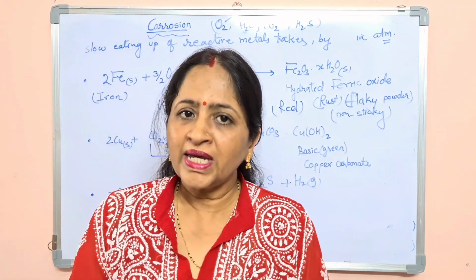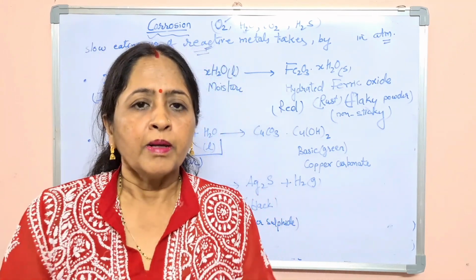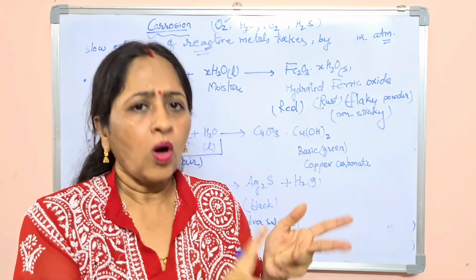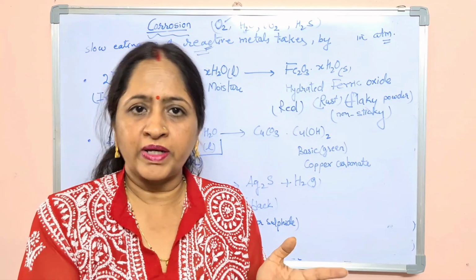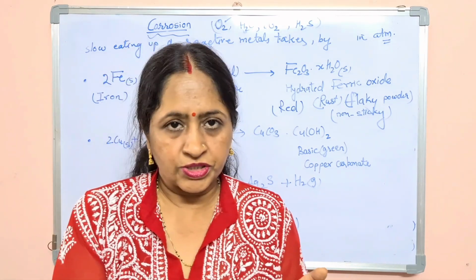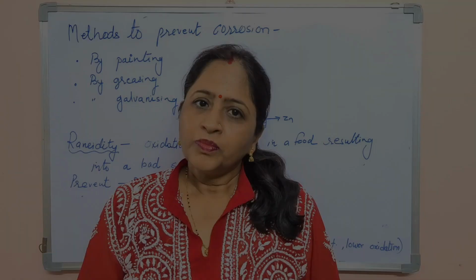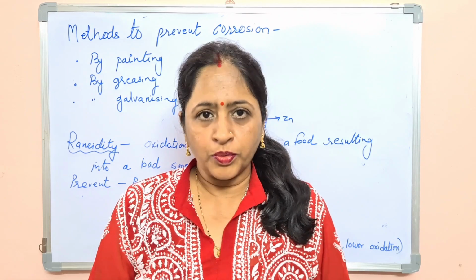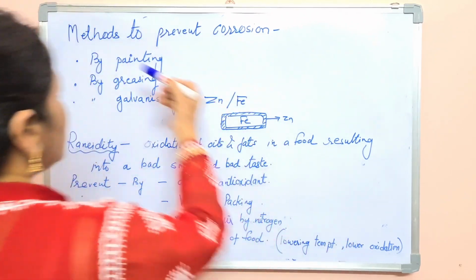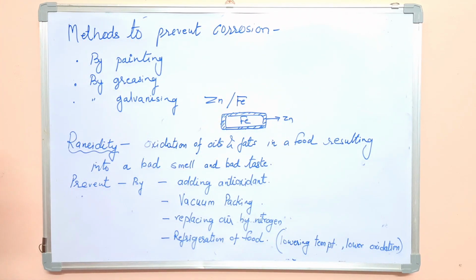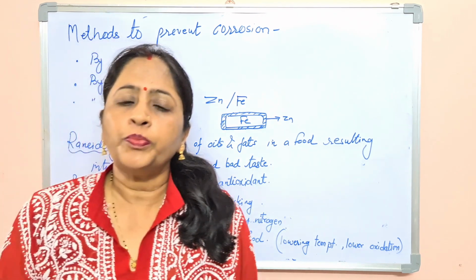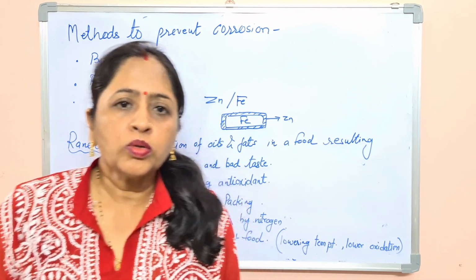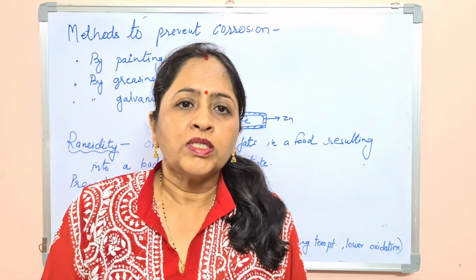So this rusting or corrosion, how can we prevent it? Rusting or corrosion of any metal can be prevented by painting, greasing, oiling, and especially iron we can prevent by galvanization. Moving on to the next topic, methods to prevent corrosion. As I told you, corrosion is a negative process, not favorable for any process. Corrosion mainly takes place on reactive metals.